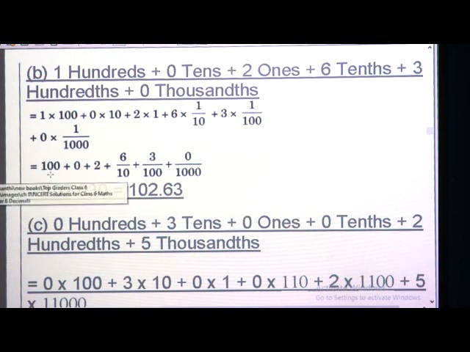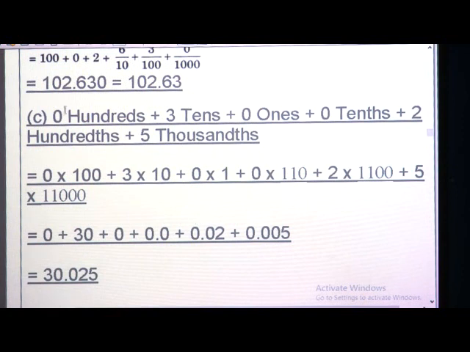So, we get 100 plus 2, that is 102. 6 by 10 we have 0.6, 3 by 100 we have 0.03, and 0 by 1000 we have 0.000. After adding this, we get 102.630. It is nothing but 102.63.